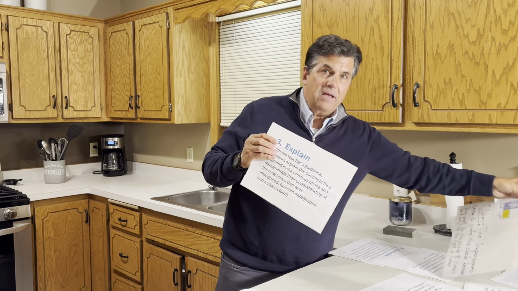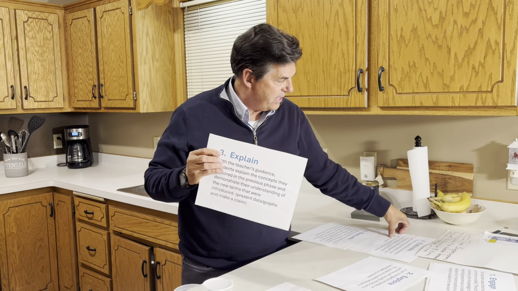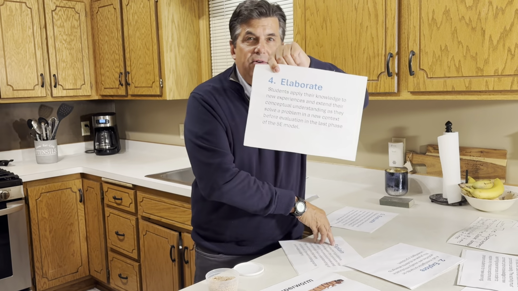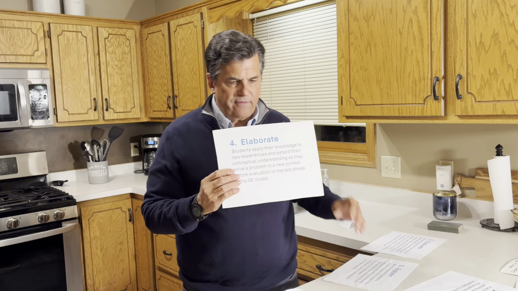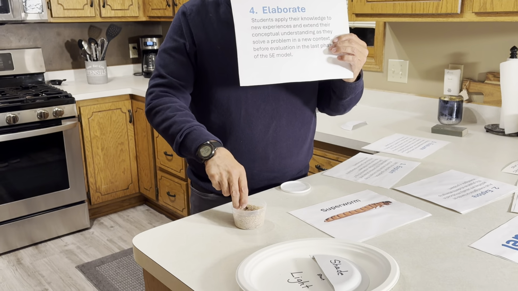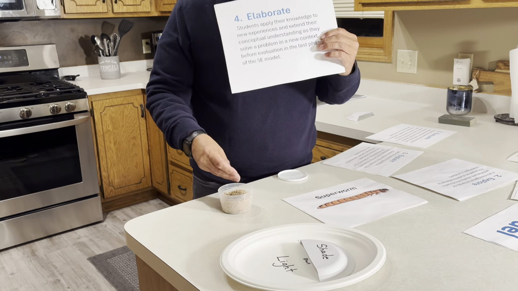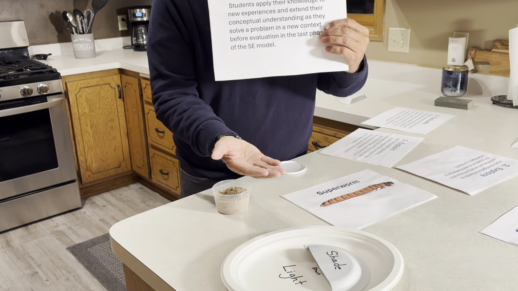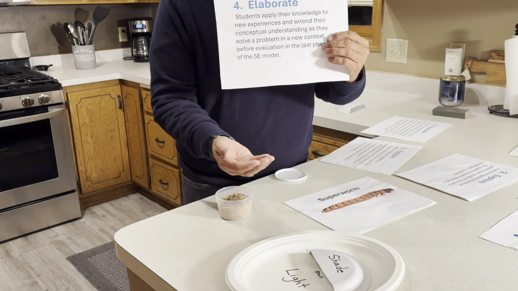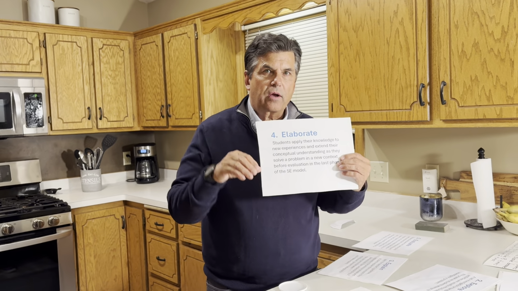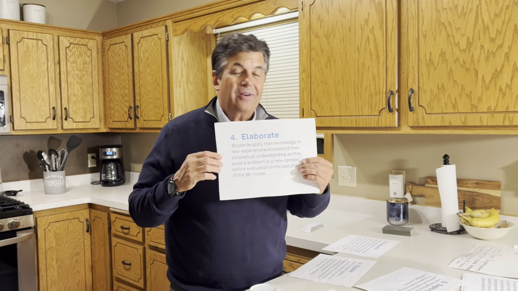All right, then we're ready to move to the elaborate. With the elaborate, they could try another setting. Like, what if they held a flashlight up to the superworm? Would that superworm move away from the light, or would it stay in the light? Maybe if they set it by a corner of the room, would it crawl under a board or something like that?